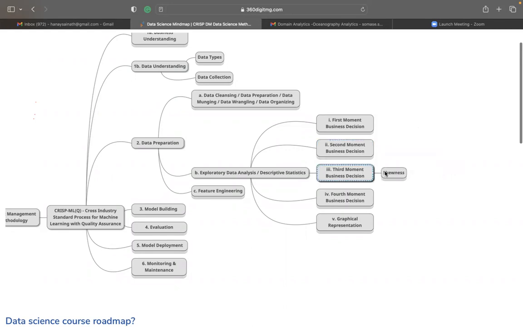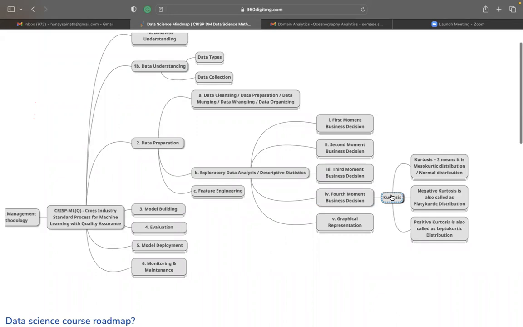In the third moment business decision, we have skewness. So we will find out whether it is negative or positive skewness. If skewness is 0, then it will be a normal distribution, as we know. In the fourth moment business decision, we find the kurtosis, where kurtosis equal to 3 means it is normal, and then we have negative kurtosis, which is also called platykurtic distribution.